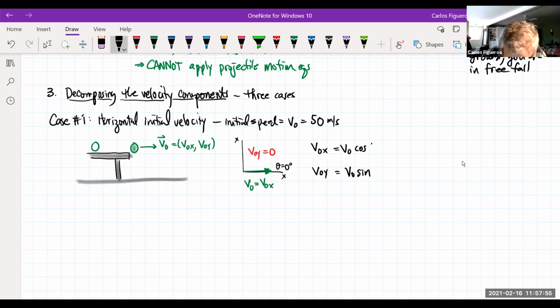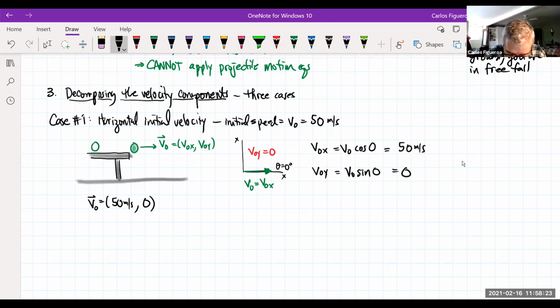So if I put 0, clearly this gives me 50 meters per second, and sine of 0 is 0. So in other words, there is no y component, there's only an x component. So when I look at my initial velocity in this case, it's going to be 50 meters per second. And in this case, it's going to be 0.